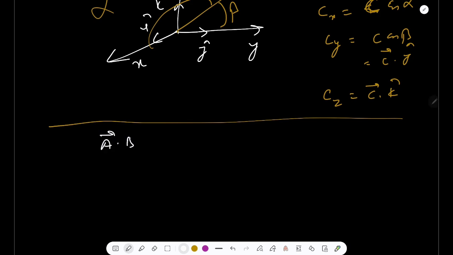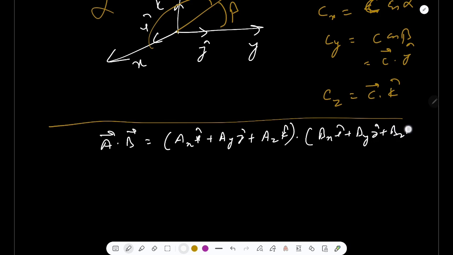If you try to find A dot B when A is written in component form like AX i cap plus AY j cap plus AZ k cap, and vector B as BX i cap plus BY j cap plus BZ k cap, try to multiply them, use the insights you already gained, and you will get that it will become AXBX, a product of x component of vector A and B, plus product of y components of A and B, plus product of z component of A and B.